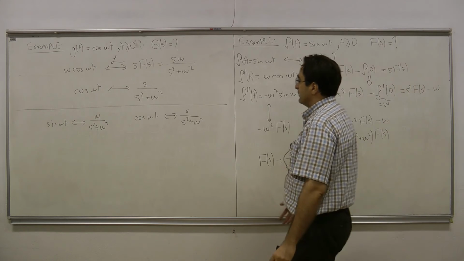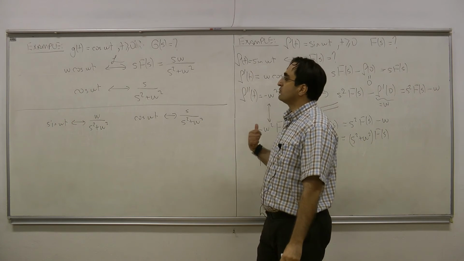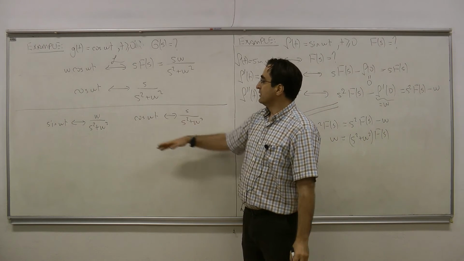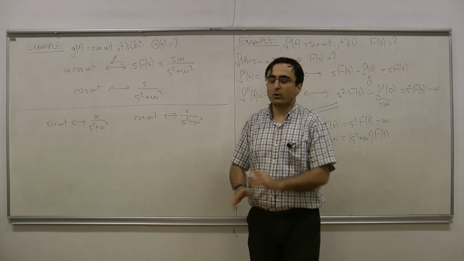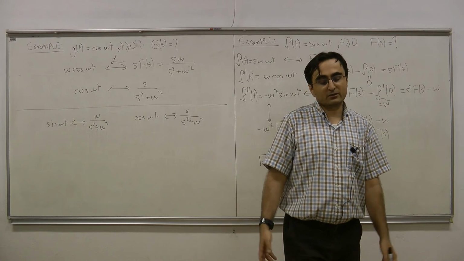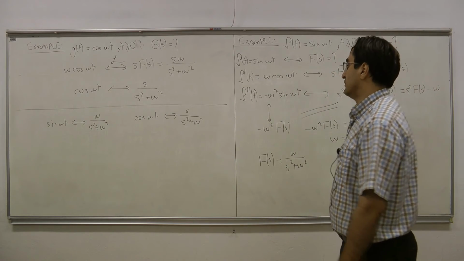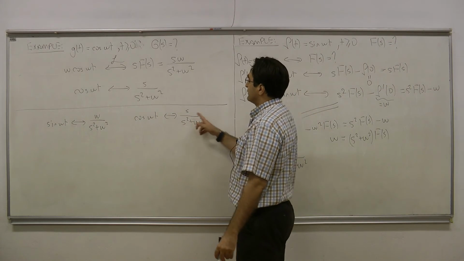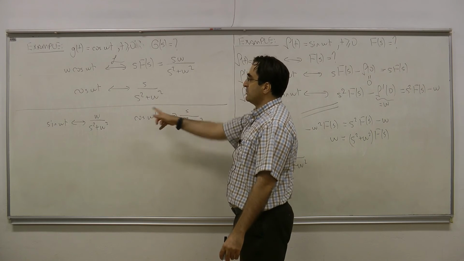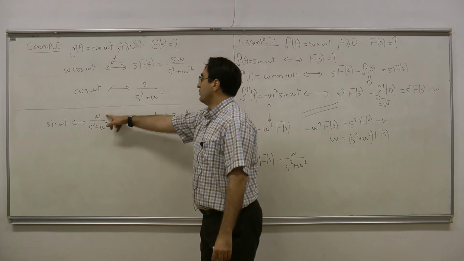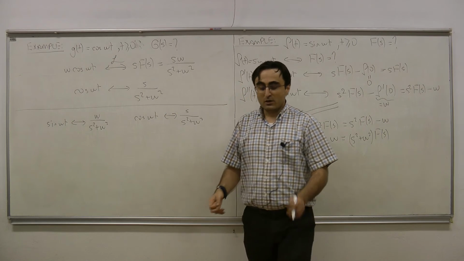So in general, it is quite easy for students to remember this denominator, s square plus omega square. They always remember this thing, at least 90% of them. So students always remember this denominator for cosine or sine, but sometimes they mix up this omega with s.